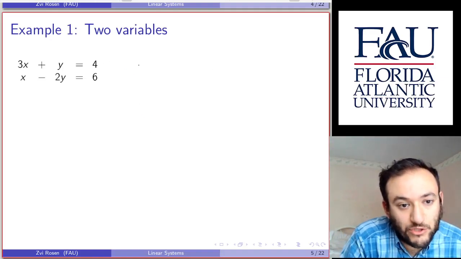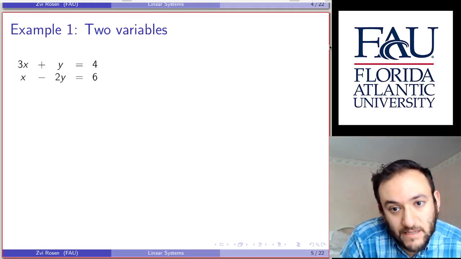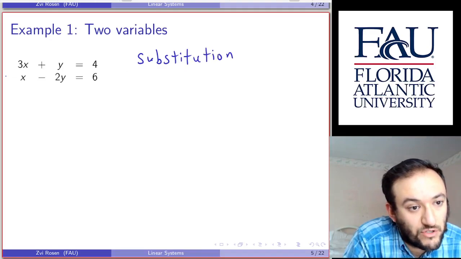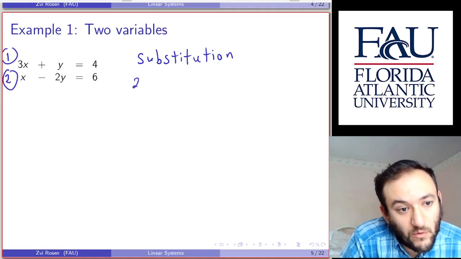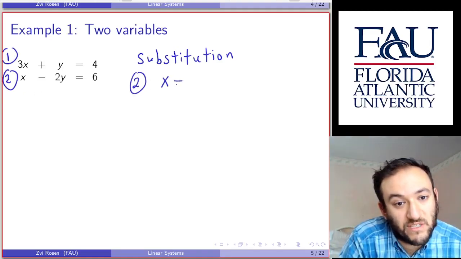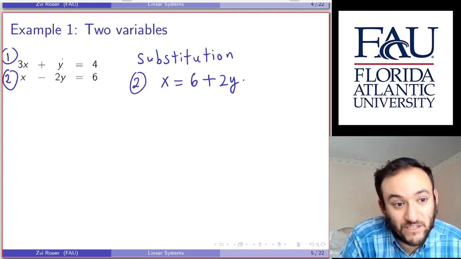One approach to doing this is the method of substitution. From equation 2, if I move the minus 2y to the other side of the equation, I obtain x equals 6 plus 2y. Now I can substitute that value for x into the first equation.